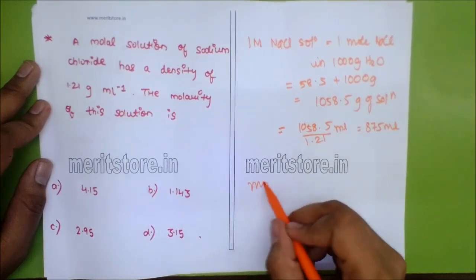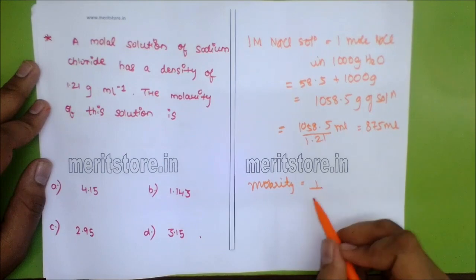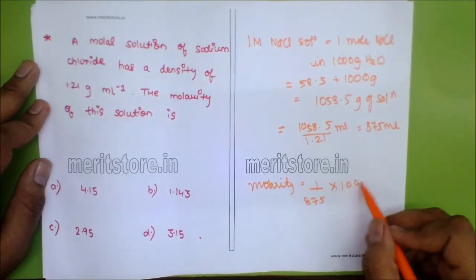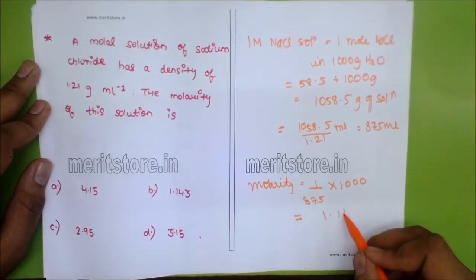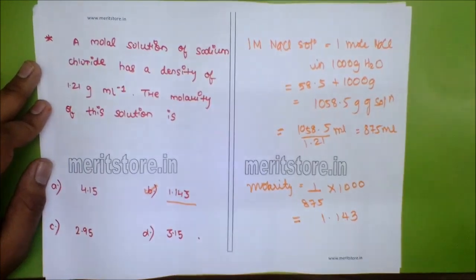So molarity is equal to 1 upon 875 into 1000, which on solving we get 1.143. So option B, 1.143, is the correct answer.